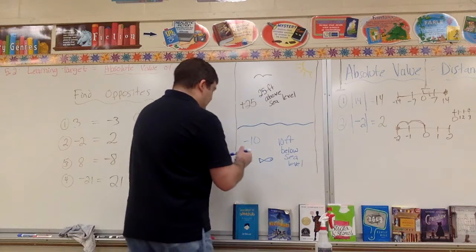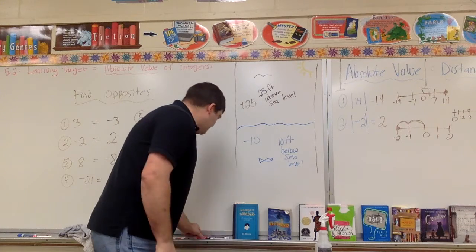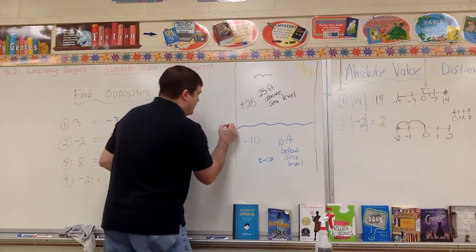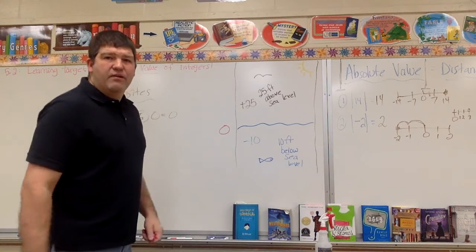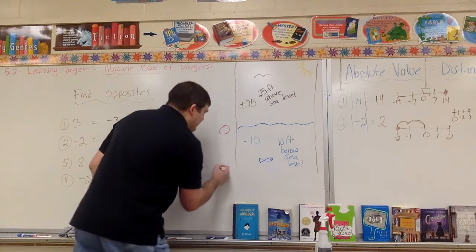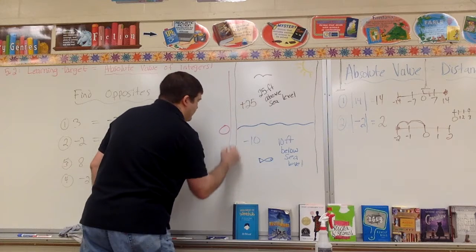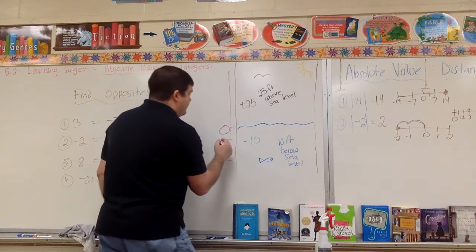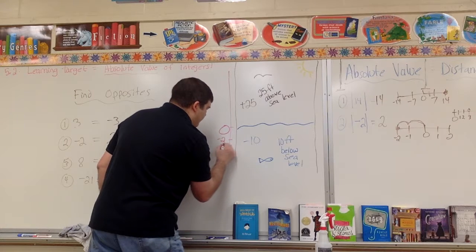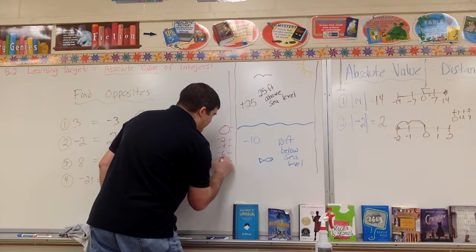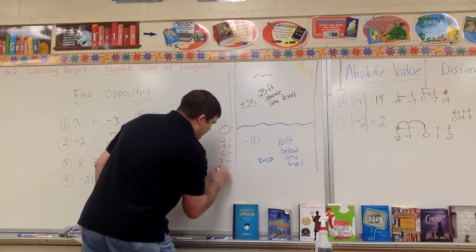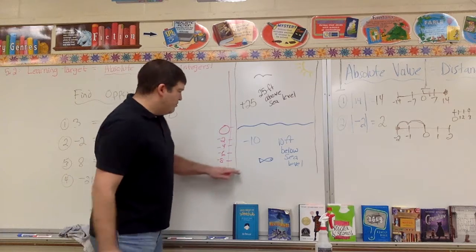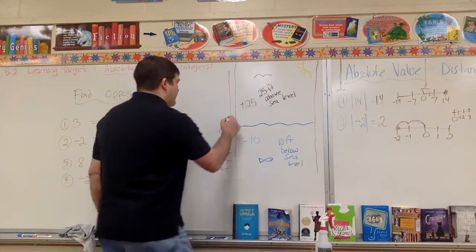So sea level, I'm going to do this in pink here. Sea level is 0. This guy's going all the way down. We'll do it by 2s. -2, -4, -6, -8, -10. Okay? Swimming at -10.